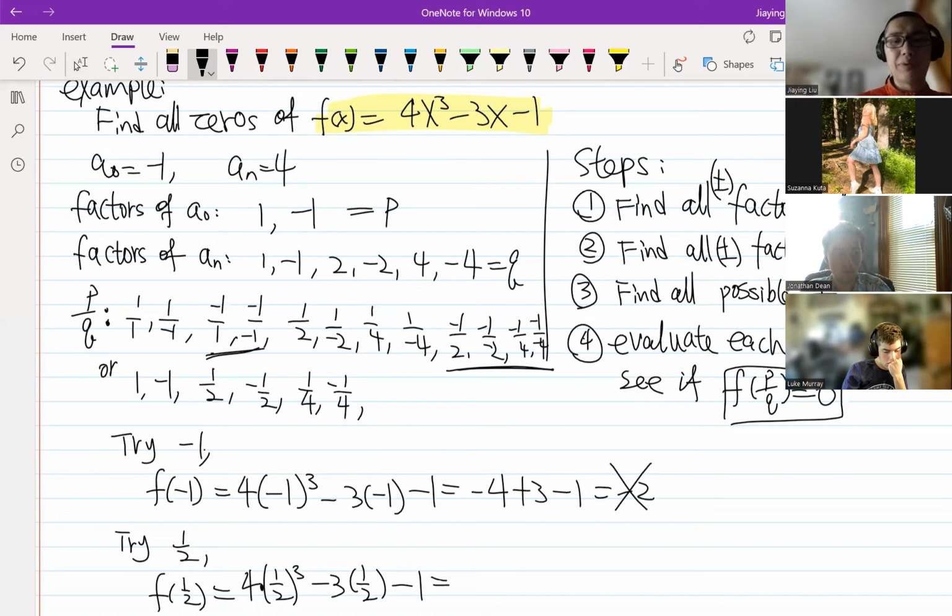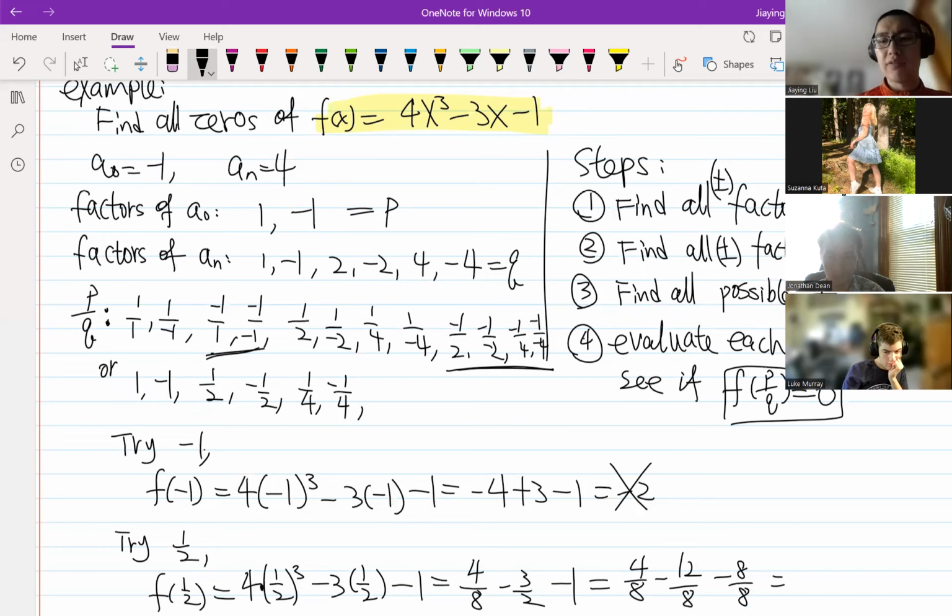So 4 times 1/2 cubed is 4/8, minus 3 times 1/2, so that's minus 3/2, minus 1. If I get a common denominator, I get 4/8 minus 12/8 minus 8/8. Is that going to give me a 0? It's 4 minus 12, -8, -8, so that's -16/8, which is -2. So again, the remainder is not 0.